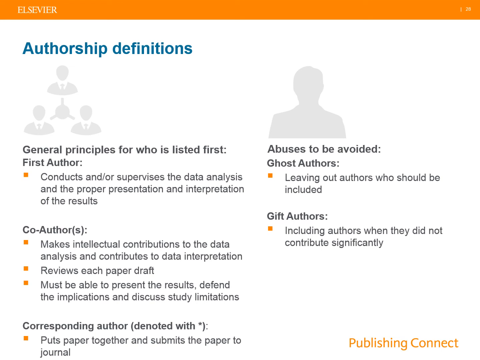The corresponding author is the person who is responsible for sending the paper to the journal and communicating with the editor. So the person may not be the first author. We have to make it very clear in our paper who is the first author, who are the co-authors, and who is the corresponding author, so that there is no dispute after the paper has been published.